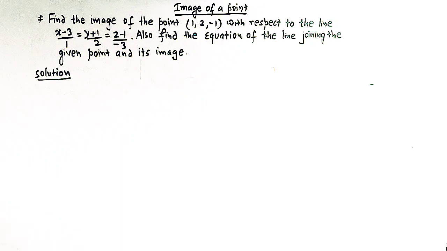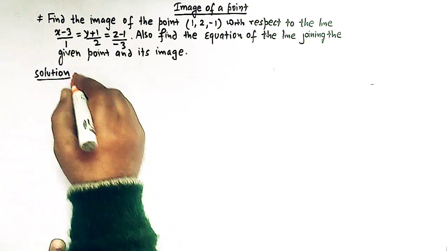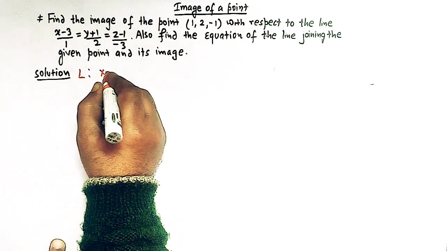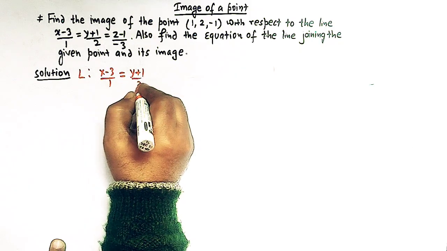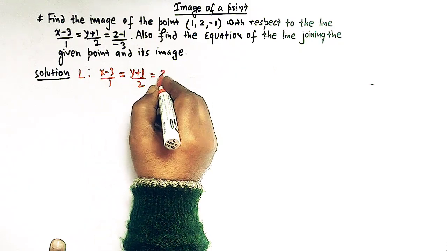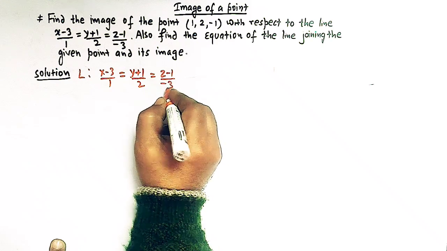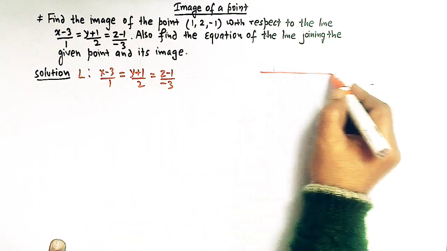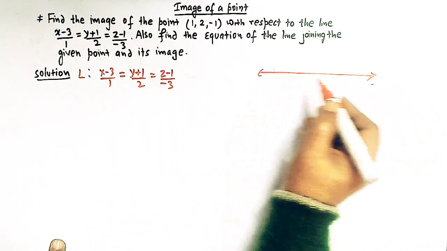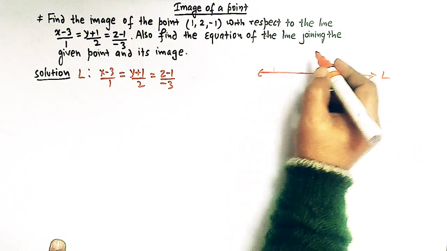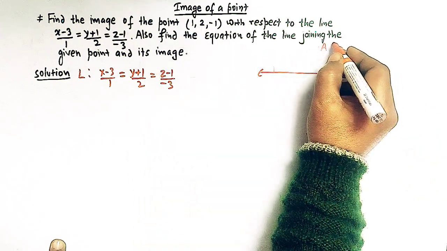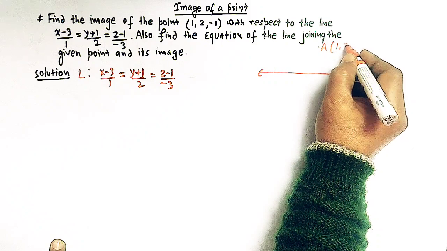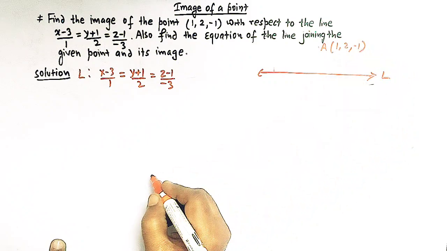So let us start. Let us call this line L. So we have (x-3)/1 = (y+1)/2 = (z-1)/(-3). And here we have this line L, and suppose this point is point A and the coordinates are (1, 2, -1), right?